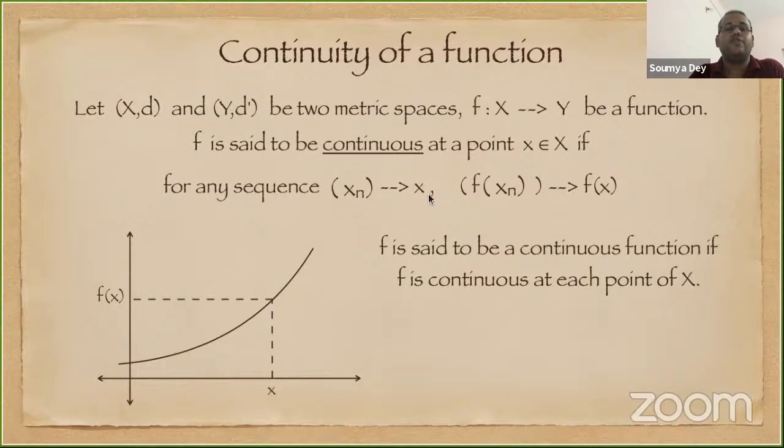So if xn goes to x, f(xn) should go to f(x). So this is a sequential definition. Again, using convergence of sequences, you can define the continuity of a function at some point, and then you say that a function is continuous in case f is continuous at each point, right? Right, let's not go over this basic stuff.